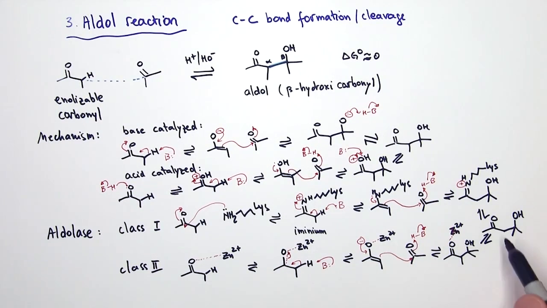For class 2, the aldol will interact with the enzyme by forming an interaction with the zinc, and this activates the carbonyl and allows the chemistry to occur exactly in the reverse manner as shown here.